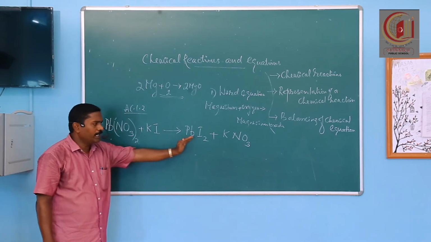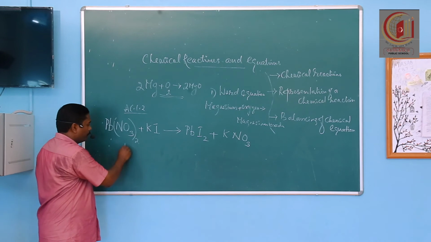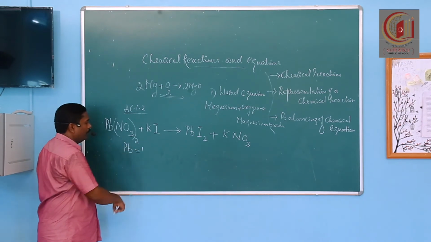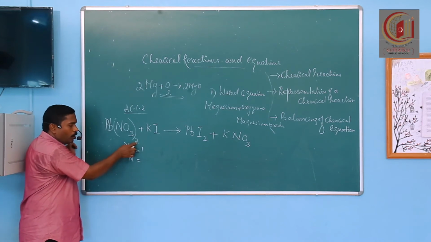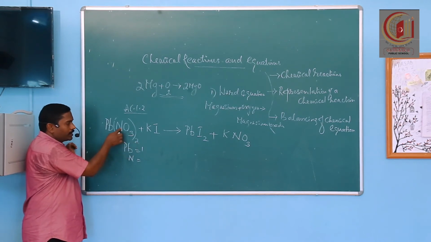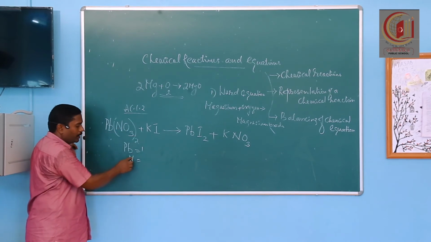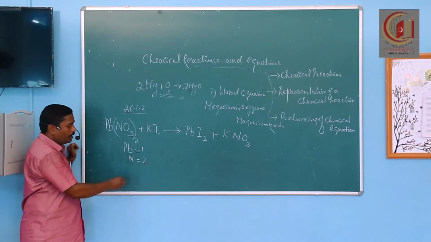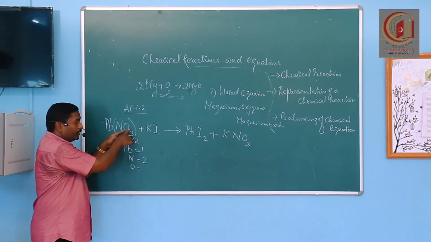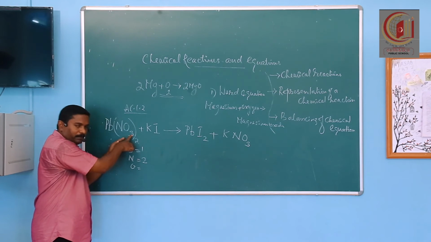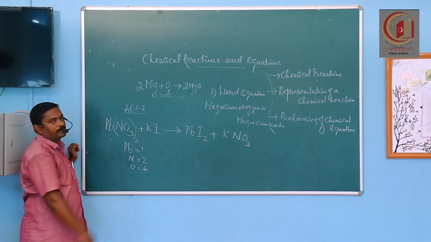Then just count the number of atoms on either side of the arrow. Pb is 1. What's the number of N? Listen, this 2 is common for nitrogen and oxygen. So here N is equal to 2, and O in NO3 is 3, multiplied by 2, so 3 into 2 becomes 6.